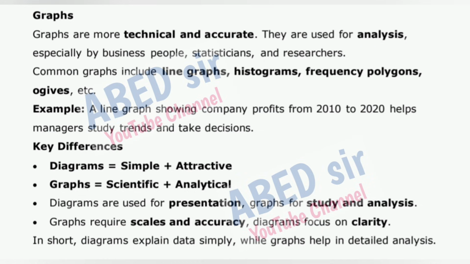Key differences. Diagrams are simple plus attractive. Graphs are scientific plus analytical. Diagrams are used for presentation, graphs for study and analysis. Graphs require scales and accuracy, diagrams focus on clarity. In short, diagrams explain data simply, while graphs help in detailed analysis.